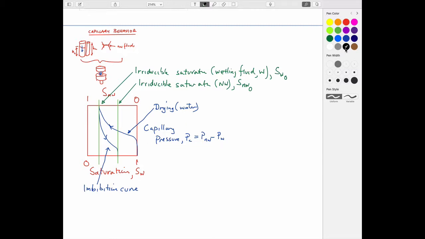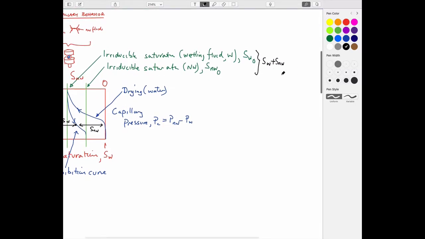Any point on this graph, for instance a random point, we can define as the saturation of water and the saturation of the non-wetting fluid. I'm presuming you can see that, it's quite big. And we know from this that SW plus SNW equals 1.